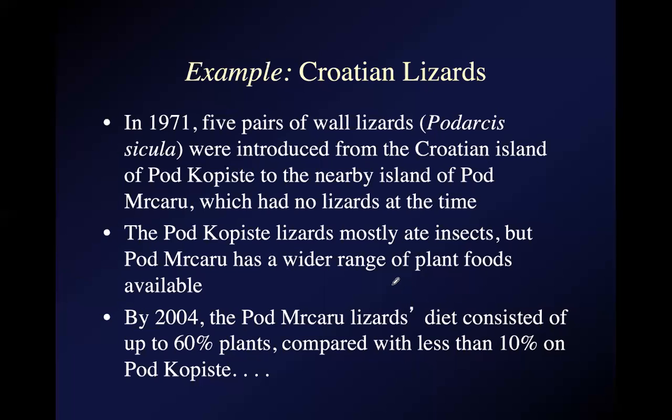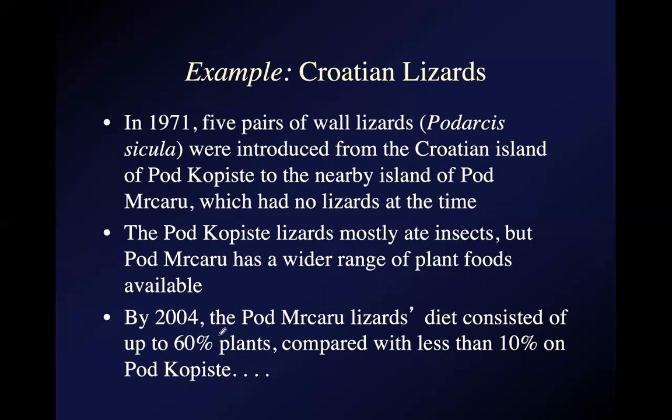And when they came back and checked on the Podmurcharu lizards in 2004, so think it over, this is 33 years later, which might be 66 lizard generations later. I'm not sure how long a generation lasts, but probably several per year.